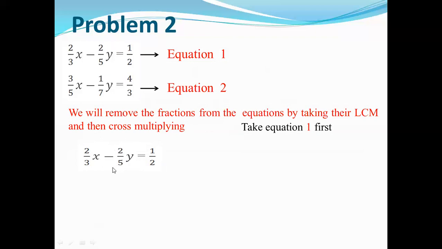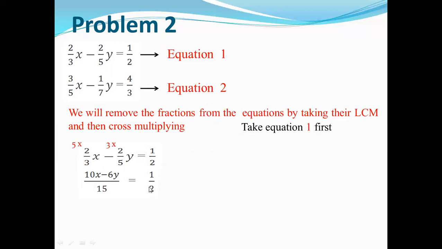So we have to multiply 2 upon 3 by 5 and 2 upon 5 by 3 so that both the denominators will turn into 15. After multiplying, we'll have the equation as 10x minus 6y upon 15 equals 1 upon 2.